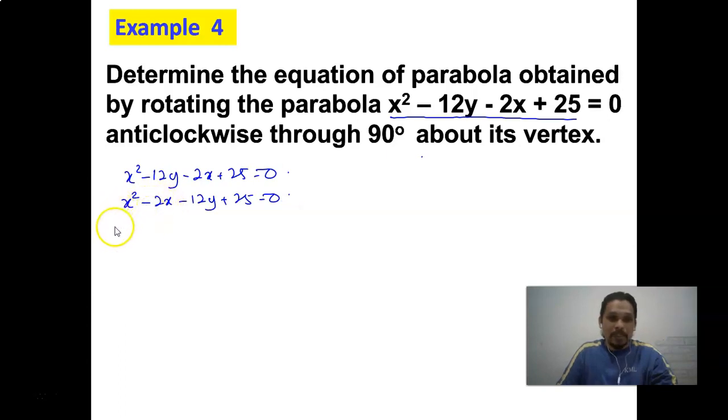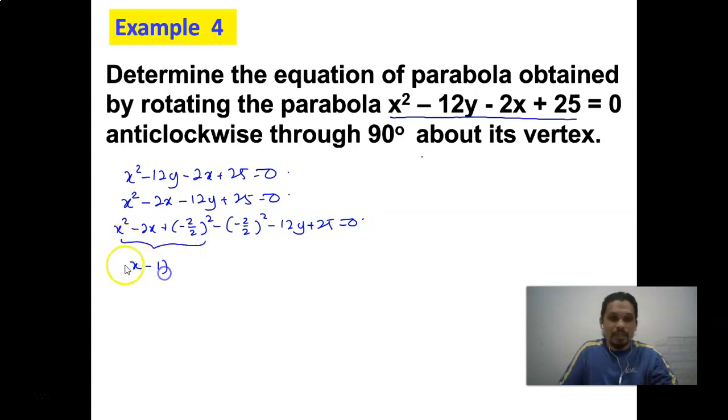I'll show you the step one by one, even though this is a step that you may skip. You may ignore it if you know the method of completing the square easily. So x squared minus 2x plus (negative 2 over 2) squared, minus (negative 2 over 2) squared, minus 12y plus 25 equal to 0. From the first three terms, it gives (x minus 1) squared minus 1, then minus 12y plus 25 equal to 0.